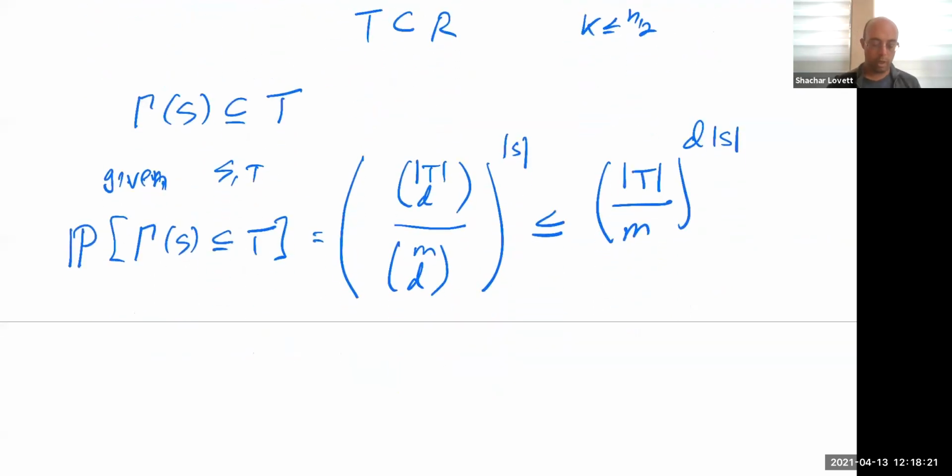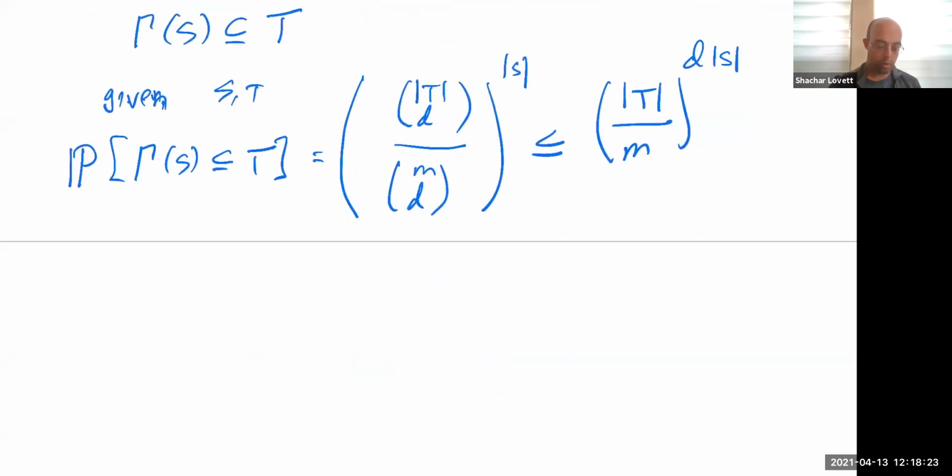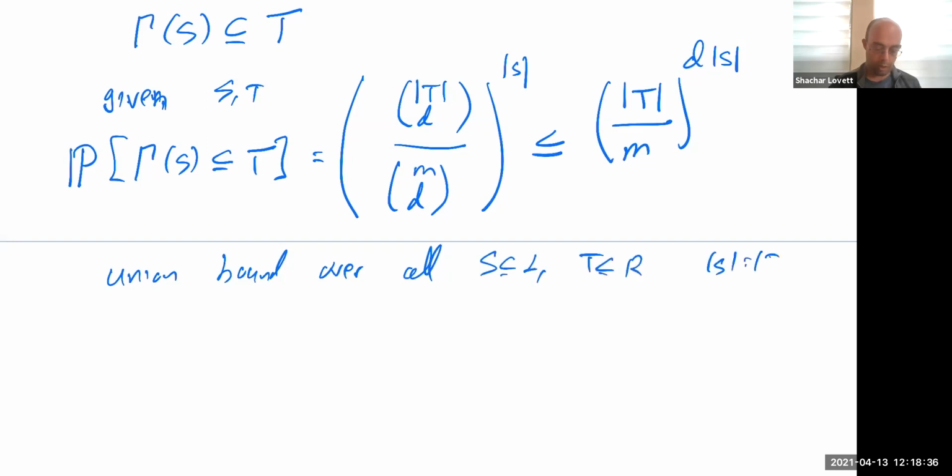And now I want to union bound over all S left, T right of size k. So what's going to be the probability? So we're going to have the sum over k from 1 to n over 2.